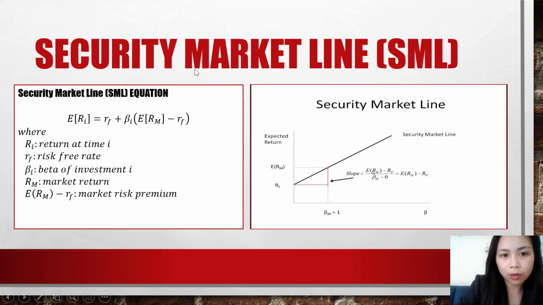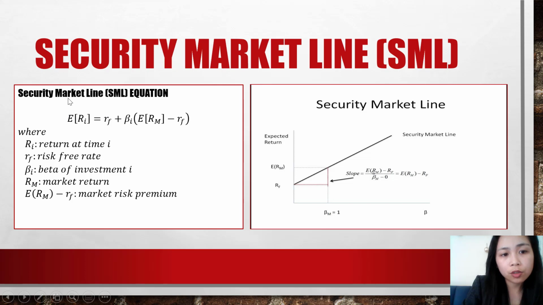Remember, in the capital market line, we consider the portfolio toward the market portfolio. Here we consider an individual investment toward the market portfolio. And in the capital market line, phi M, the Sharpe ratio of the market, was the slope of the capital market line. Now for the security market line, we use beta I as the slope of the line.